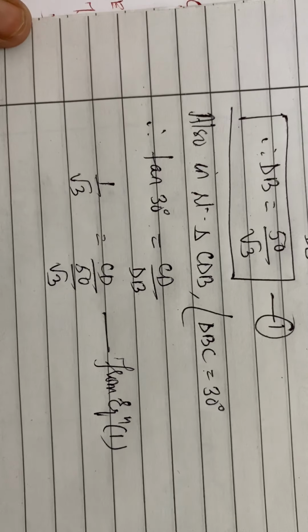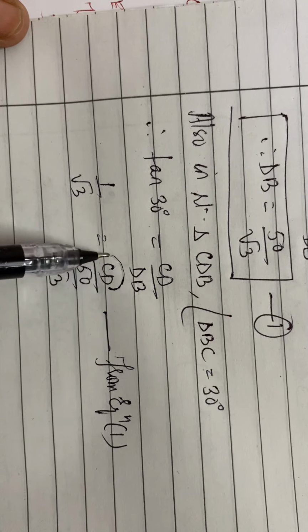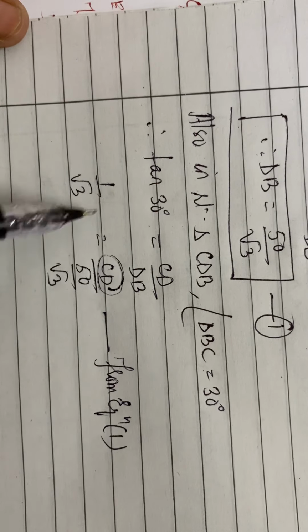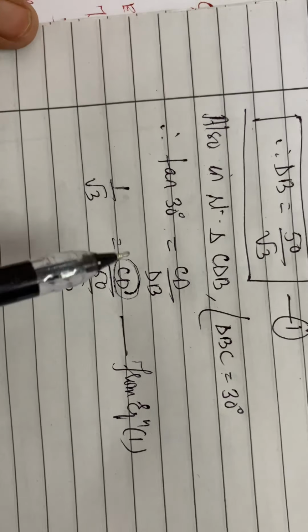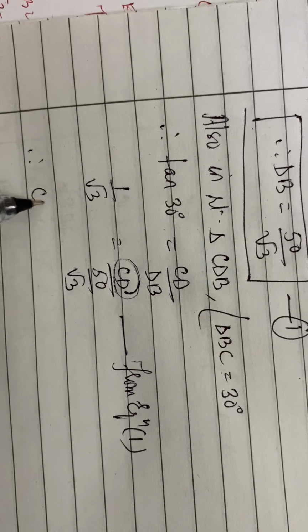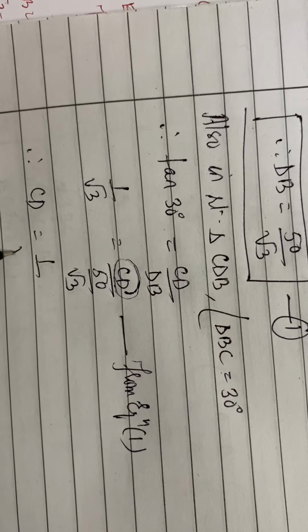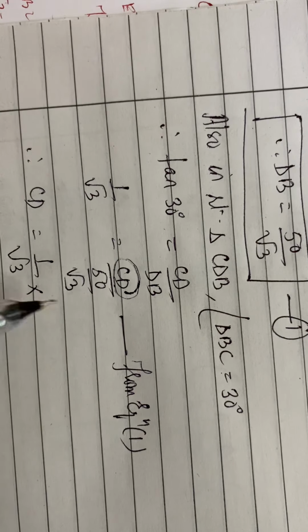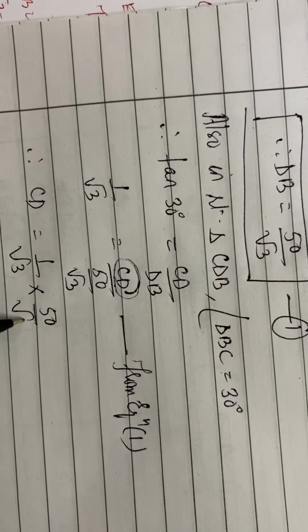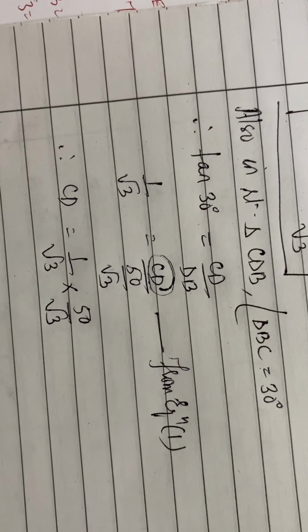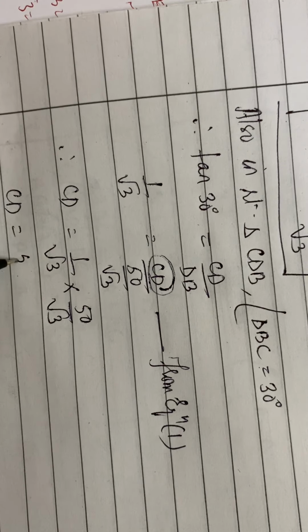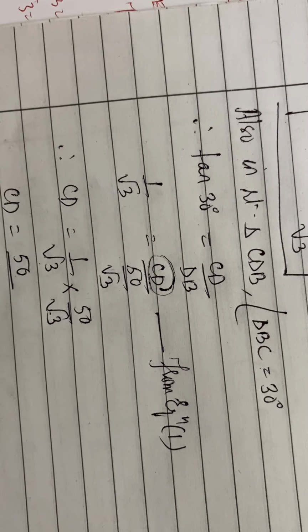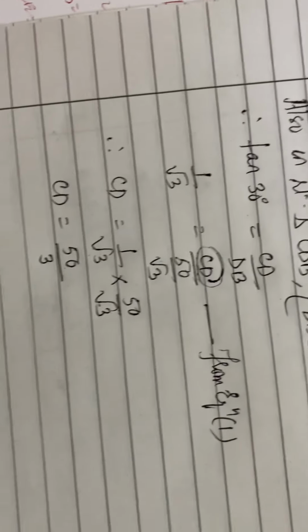So now we have to find out CD. CD will be the product of these two terms. So CD is 1 upon root 3 into 50 upon root 3. So CD will be equal to 50 upon root 3 into root 3, which is 3.